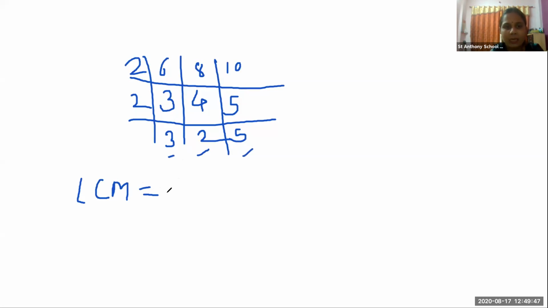So we'll write LCM is equal to 2 into 2 into 3 into 2 into 5. Now do the multiplication faster and tell me the answer.